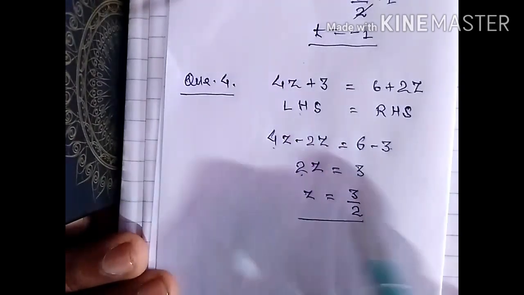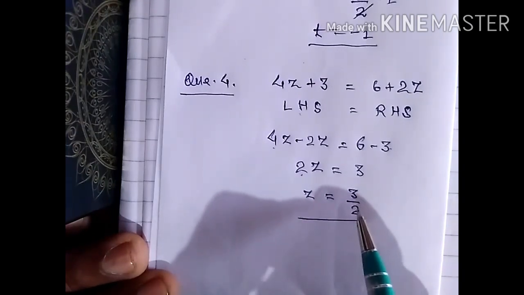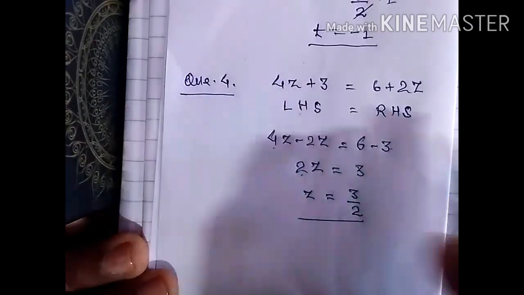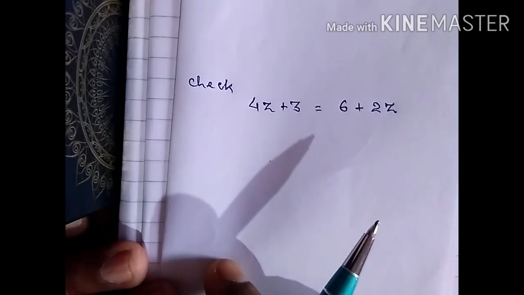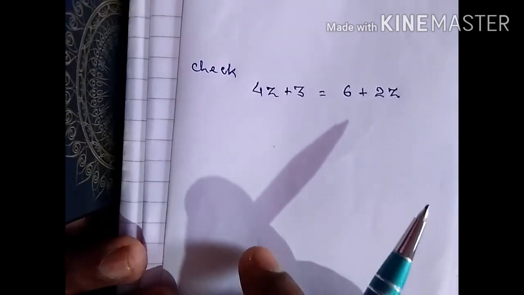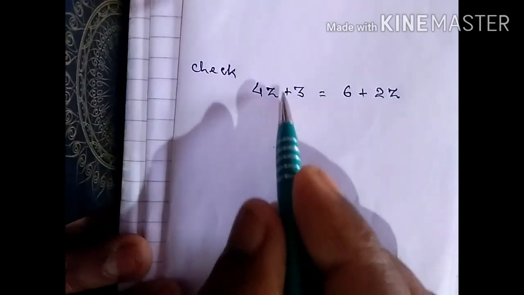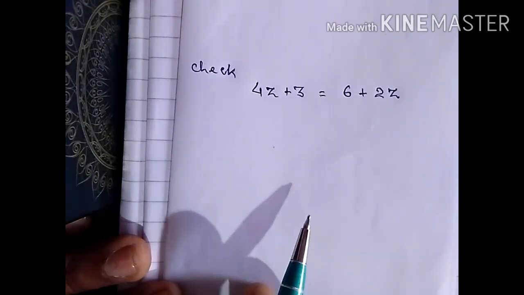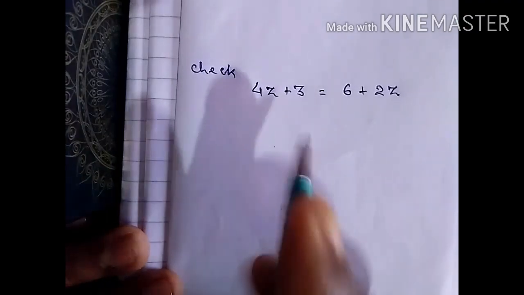Now we have to check whether our solution is correct or not. So students, we have to put the value of z in the given equation. So student, this one, that is 4z plus 3 is equal to 6 plus 2z. So in place of z, we have to write the value of z, that is 3 by 2.